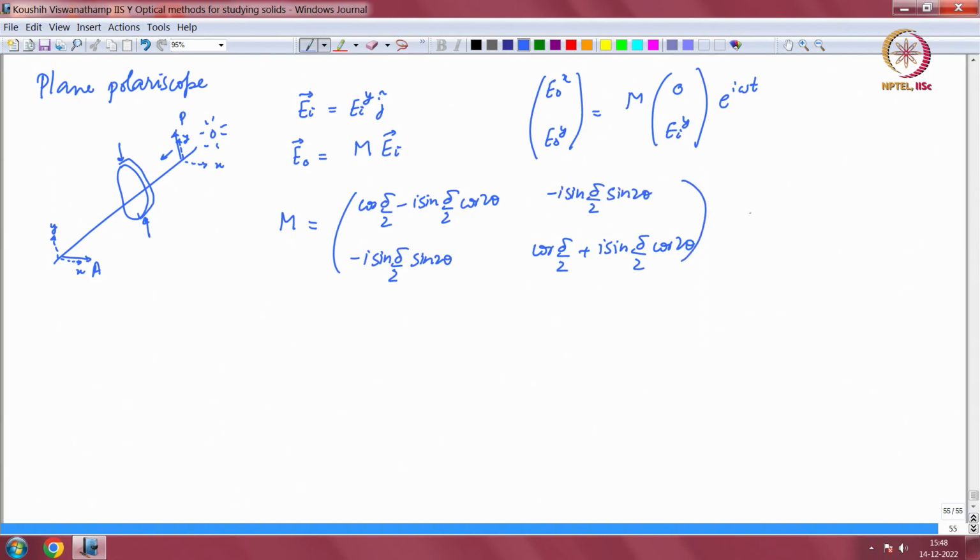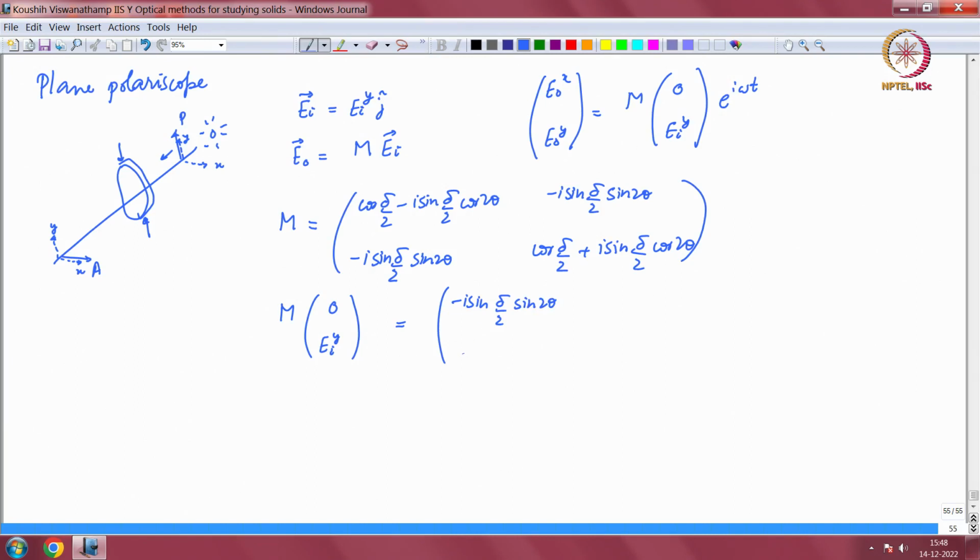If you act this, so M times 0 and E I y will basically give you this times this plus this times this. That is the first term. So, you will get a minus I sin delta by 2 sin 2 theta, and then this times this plus this times this.